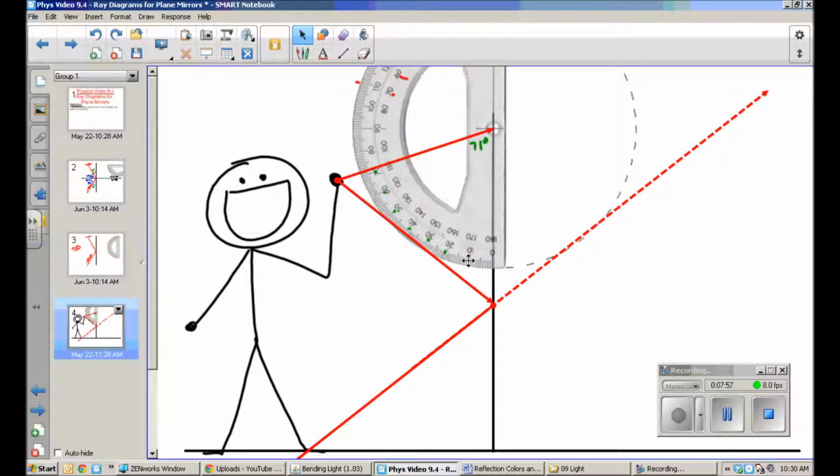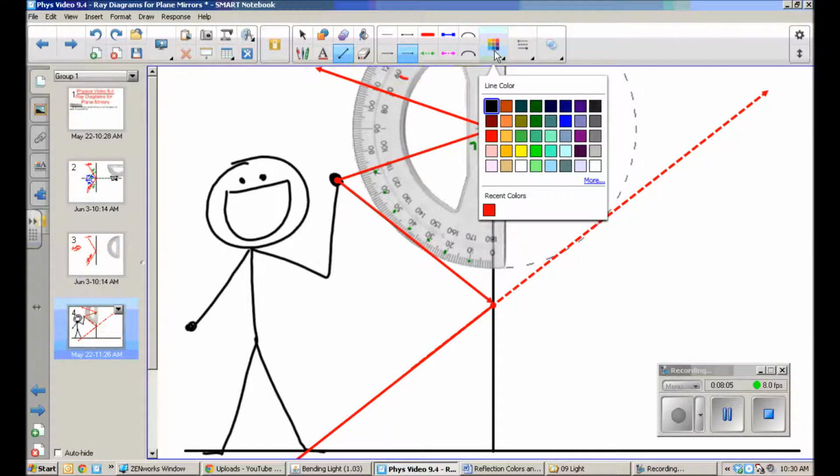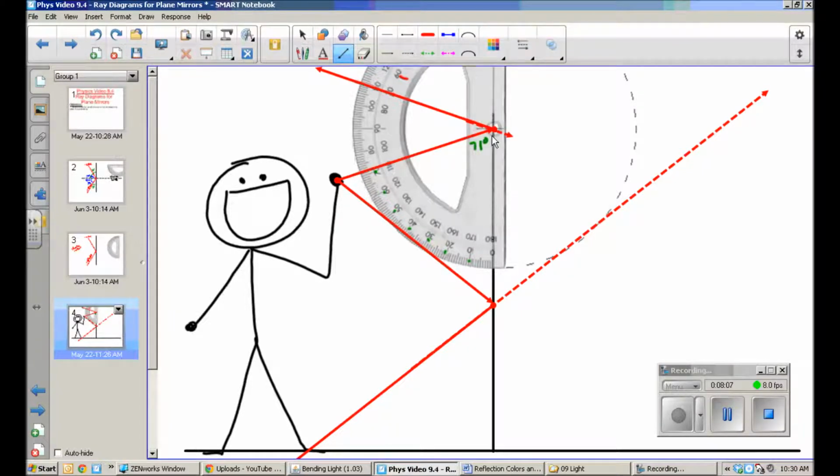Now I can draw in my reflected beam. You're always going to make an extension of that reflected beam going back the other way. I'm not using a ruler here, so this is not perfect, but it should be something like that. You'll notice those lines cross right here.